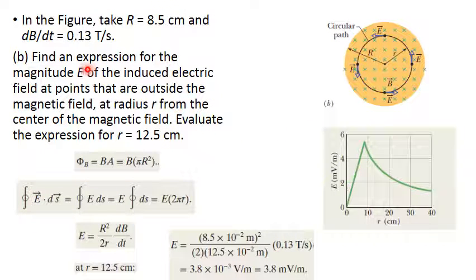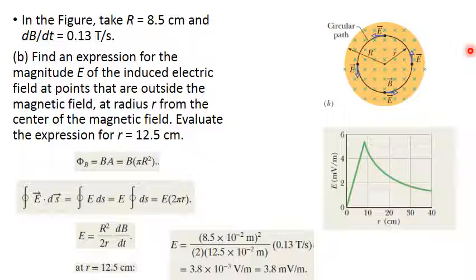Now the question is, what will be the electric field outside the region of the magnetic field? As we mentioned, if I'm talking about a closed loop outside the region of the magnetic field, the integration of the electric field on this closed loop would be zero. But this doesn't mean that the value of the electric field is zero.